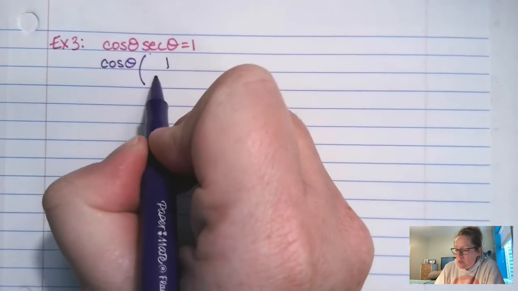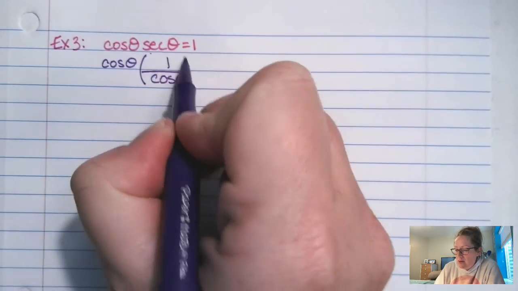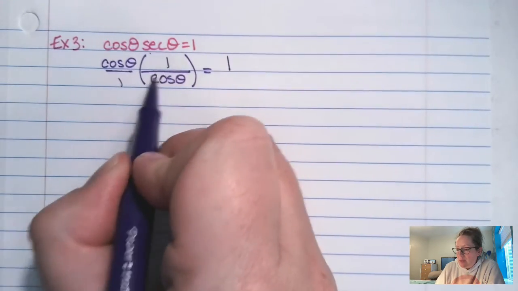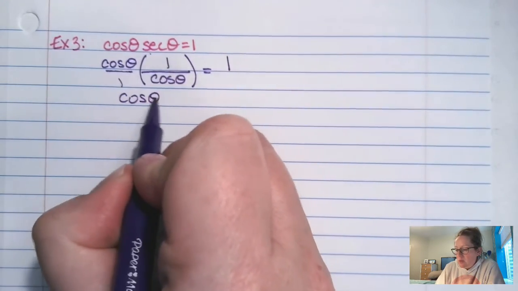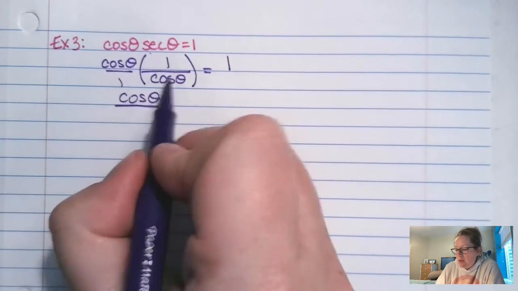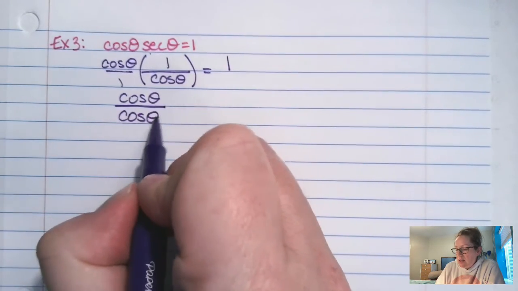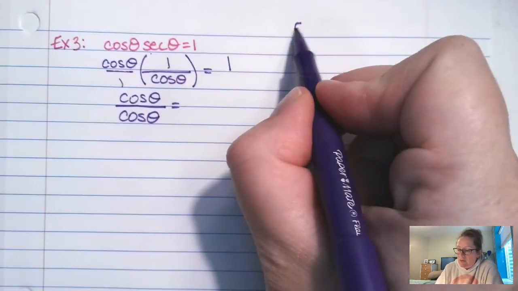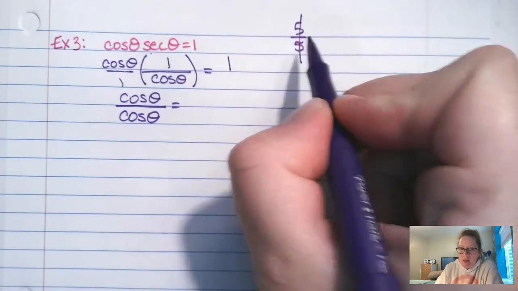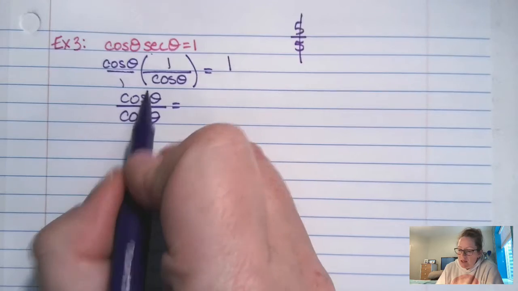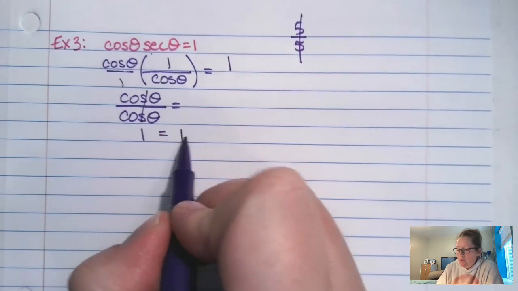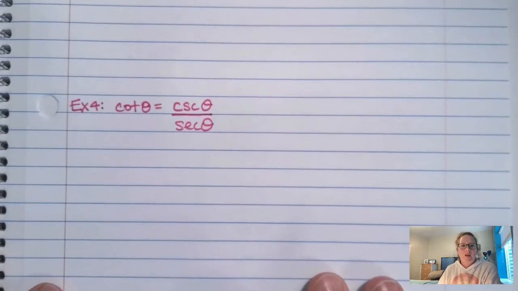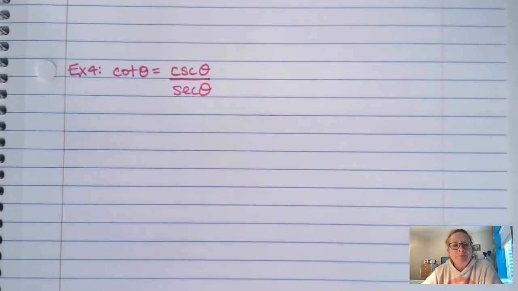Secant is the same thing as 1 over cos. So I could go top, top, bottom, bottom. Cosine theta times 1 is cosine theta. 1 times cosine theta is cosine theta. If you ever have the same thing on top of the same thing, just like 5 over 5, it's 1. Cosine theta over cosine theta is 1. 1 equals 1. Bam.